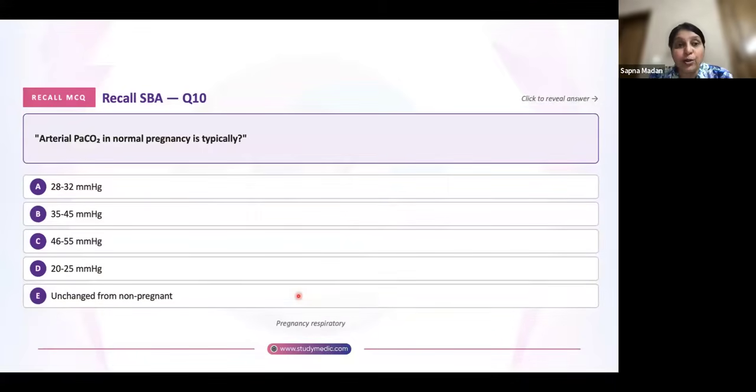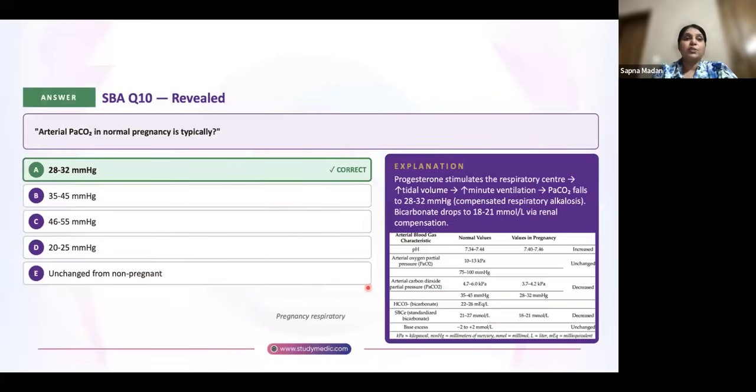Arterial PaCO2 in normal pregnancy is typically 28 to 32, 35 to 45, 46 to 45, 20 to 25, or is it unchanged from the non-pregnant state? So we had discussed that pregnancy is a compensated respiratory alkalosis, okay? So it is 28 to 32 millimeters of mercury.